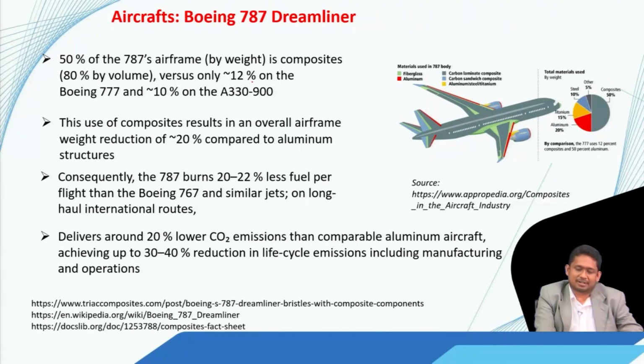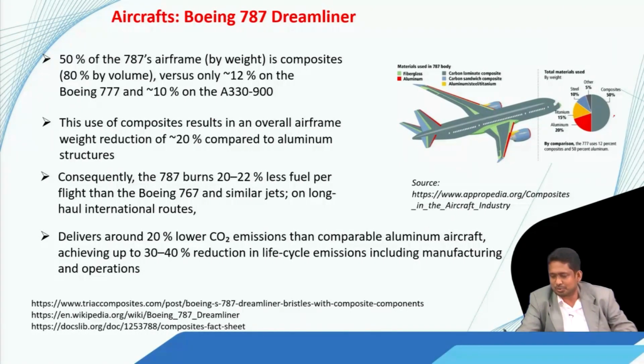If I compare with other aircraft, the Boeing 777 has only 12% composite, and this one has around 50% composite. This pie chart shows the use of various constituents: composite is around 50% by weight, aluminum 20%, titanium 15%, steel 10% and other materials 5%.